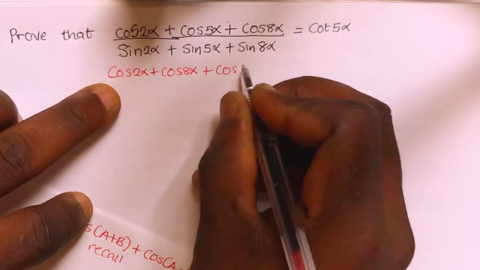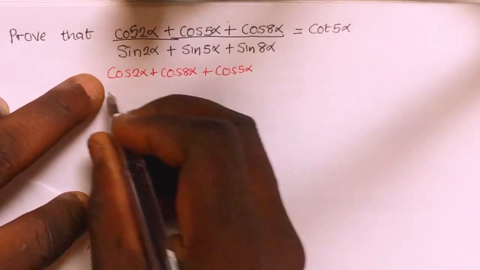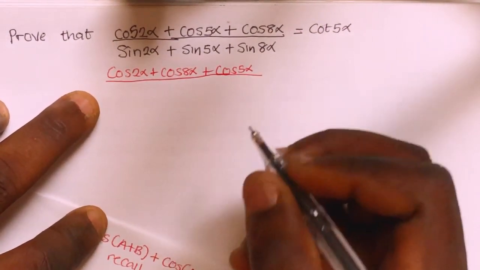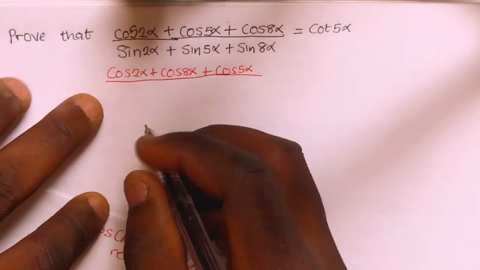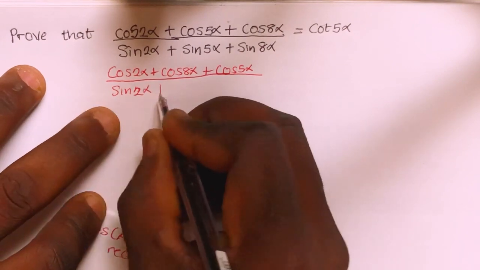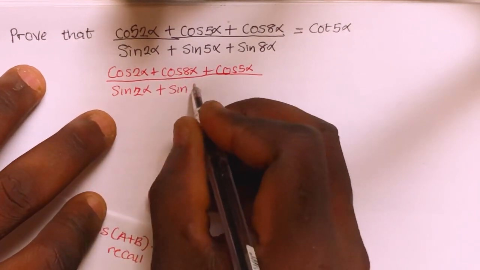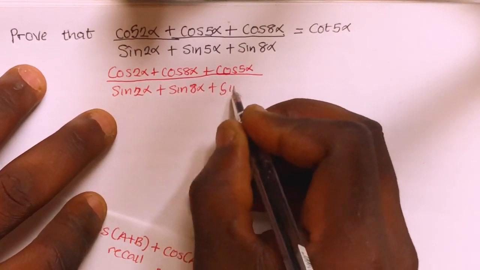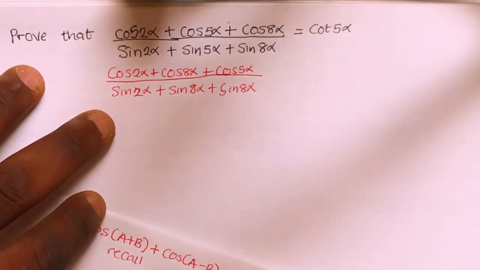Plus cos 5 alpha. Then once the change is made to the numerator, you must apply the same to the denominator. You have sine 2 alpha, right? Plus sine 8 alpha, plus sine 5 alpha.